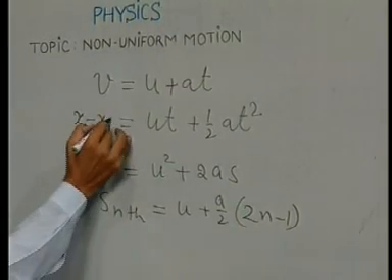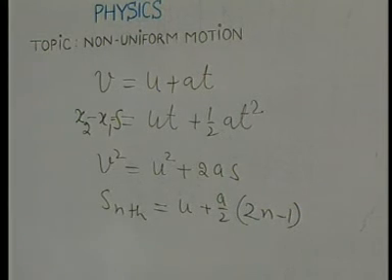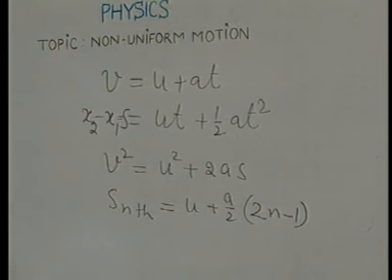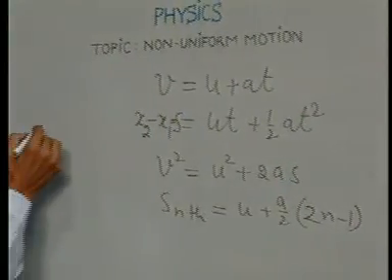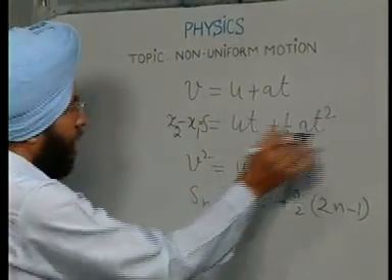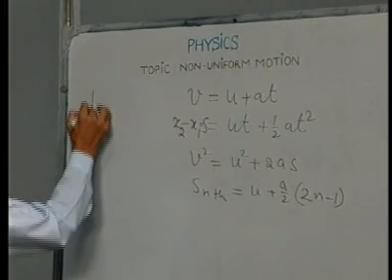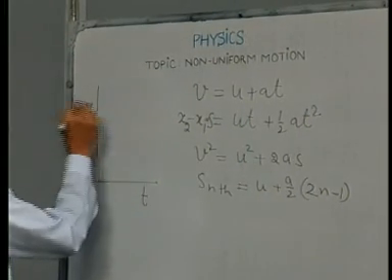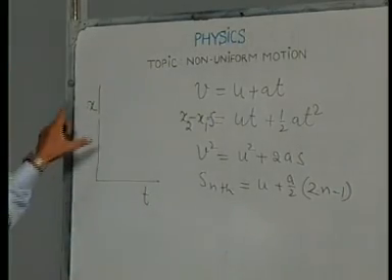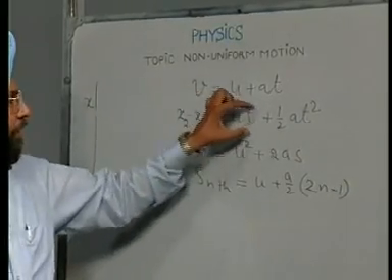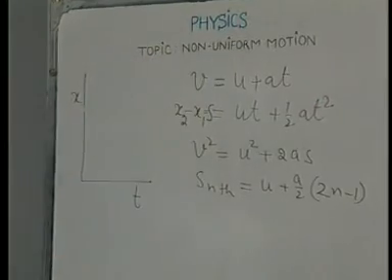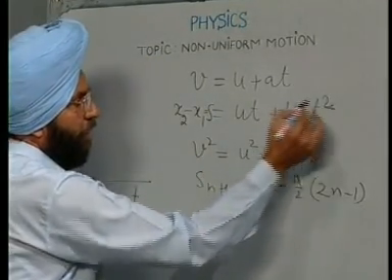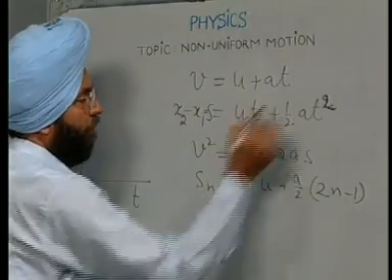S is equal to x2 minus x1 as we had seen earlier. Now, if we plot a graph between x and t, the xt graph for non-uniform motion, here t is in the second power, t square.